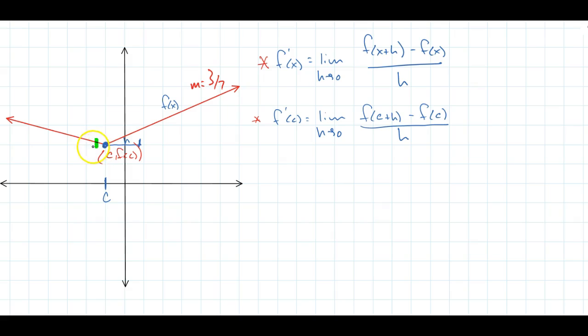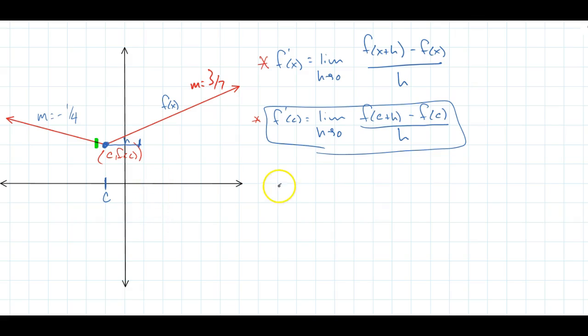It looks like a fall of 1 and a run of 4, so this has a slope of -1/4.